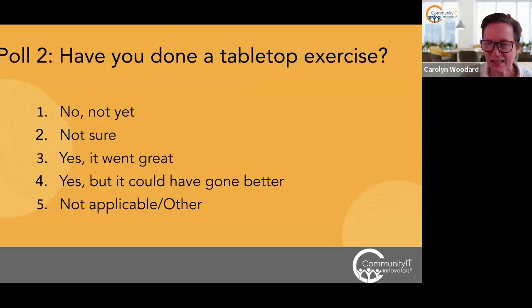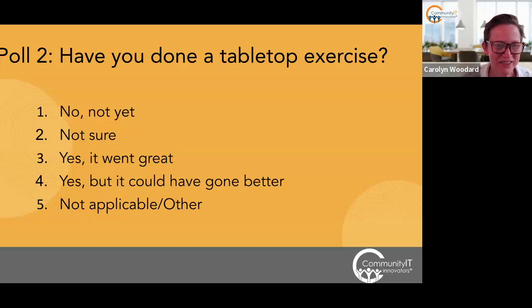All right, and then we have a second poll, which is, have you already done a tabletop exercise? The answers are: no, not yet; not sure; yes, it went great; yes, but it could have gone better; and not applicable or other. Again, we've got some pretty good response.